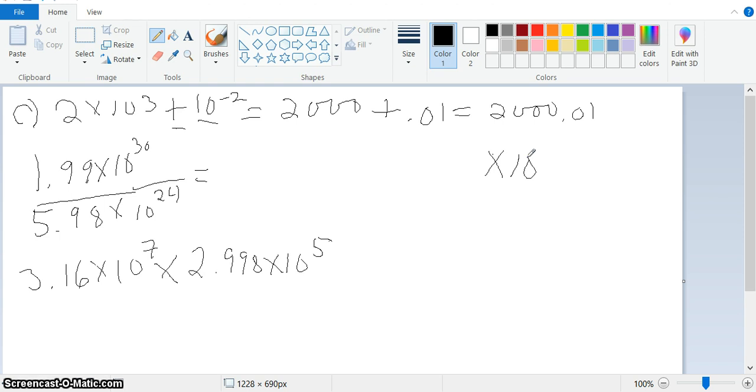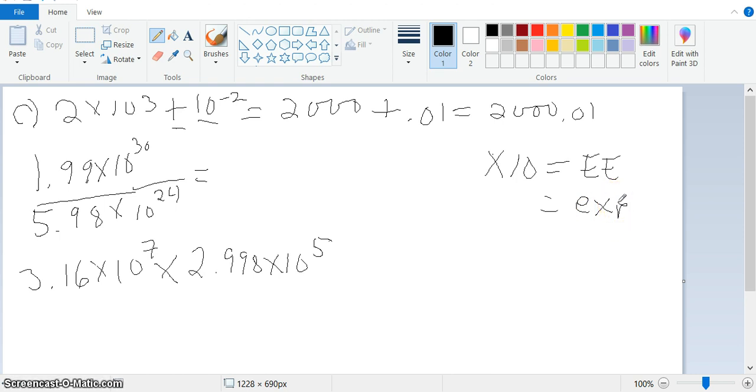For a Texas Instrument, there's an EE button that you have to hit. For a Casio, it is an EXP button. So instead of times 10, you hit the EXP button. Keep that in mind when you're doing these.